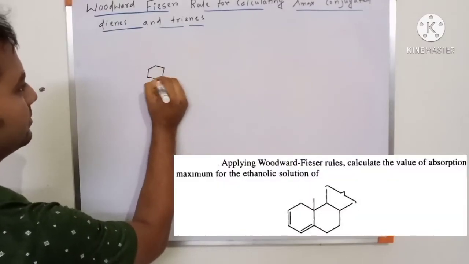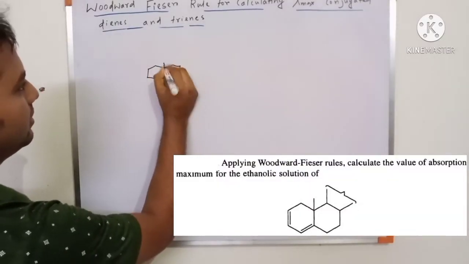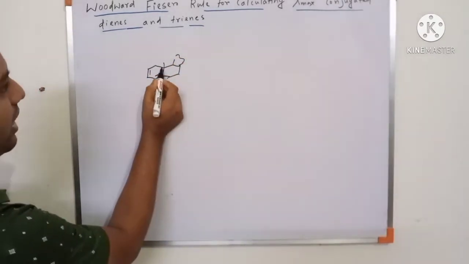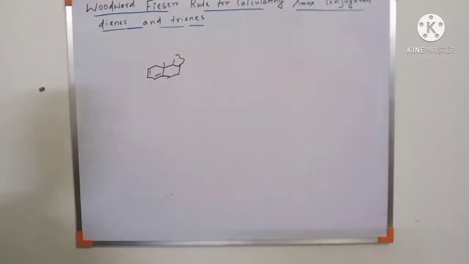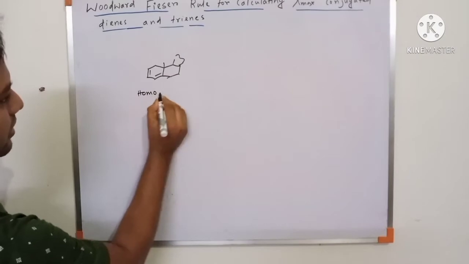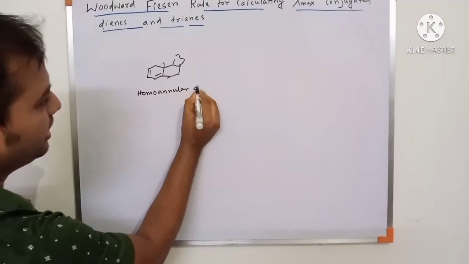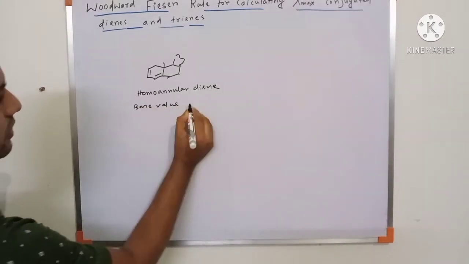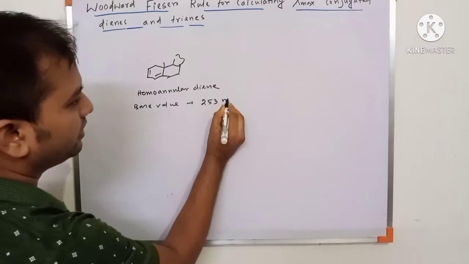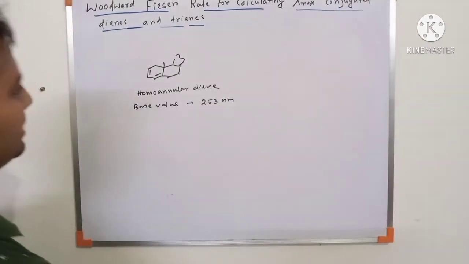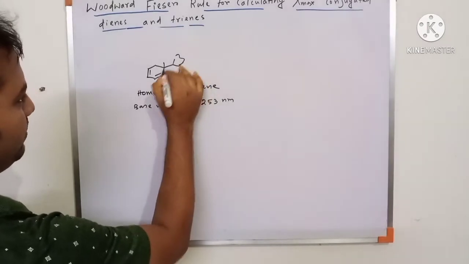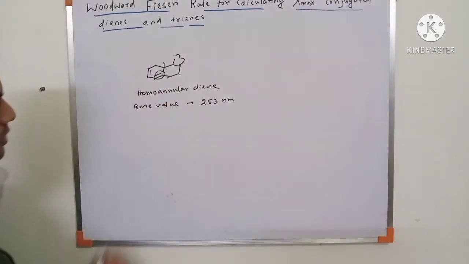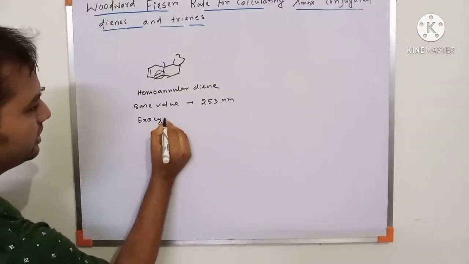Second question, this type: this is a one-ring double bond conjugation, so this is homoannular diene. For homoannular diene, the base value is 253 nanometer, and there is one exocyclic bond.